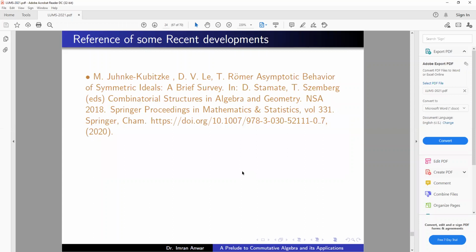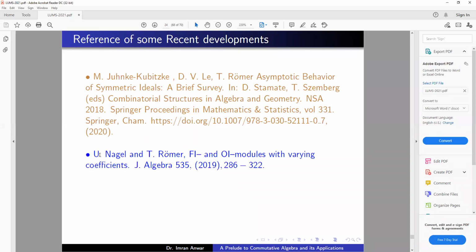And here are the main references. So this is a book or a proceeding chapter, a brief survey on asymptotic behavior of symmetric structures, which was published in a proceeding book, and this appeared in 2020. And then there is a reference of Uwe Nagel and Tim Römer on FI and OI modules.